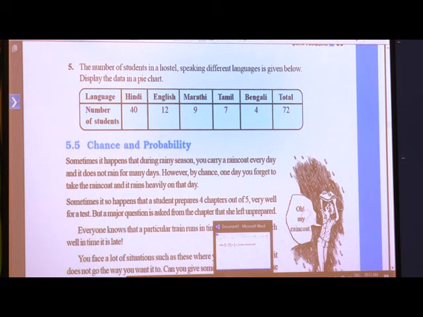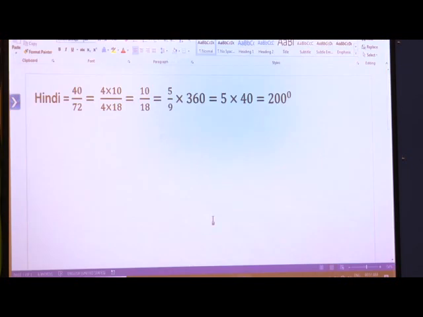Let us switch to that. I have already written something for Hindi. 40 students out of 72 are speaking Hindi. So, the fraction is 40 upon 72. We can directly multiply with 360 and get the answer, or cancel it first. By 4, 4 10s are 40 and 4 18s are 72, so 10 upon 18.